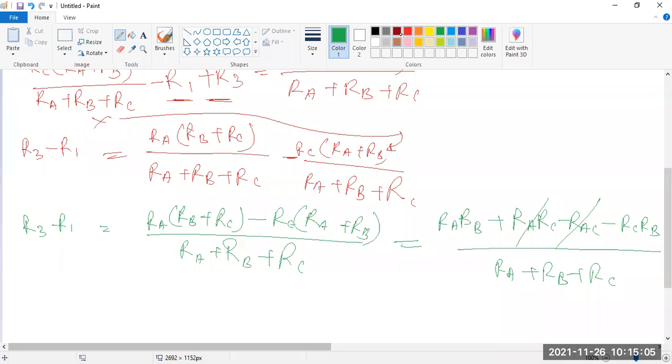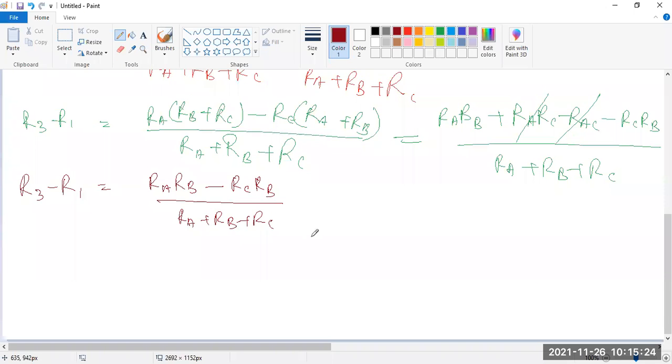So we get a new equation, that is R3 minus R1 equal to RA RB minus RC RB, and that is RA plus RB plus RC.